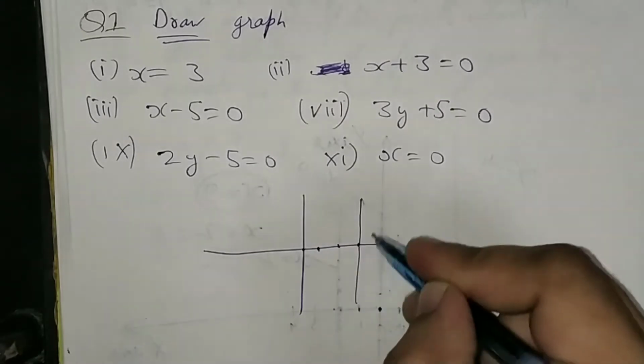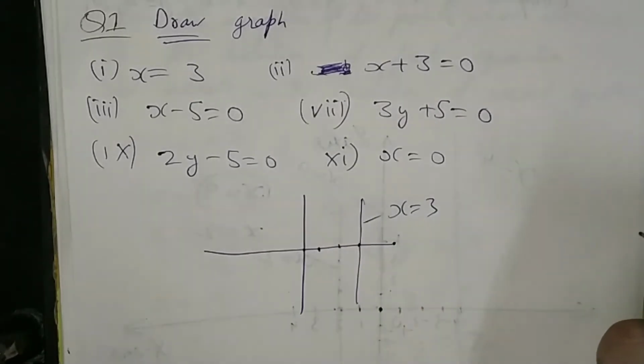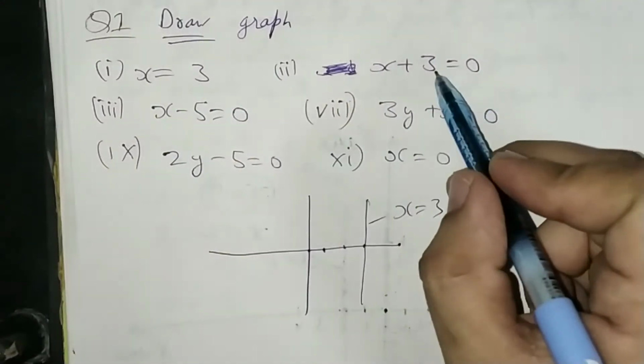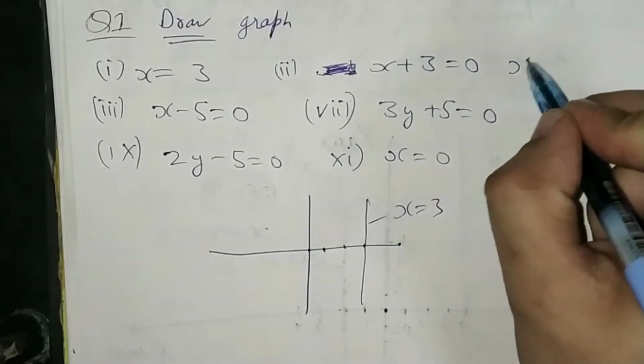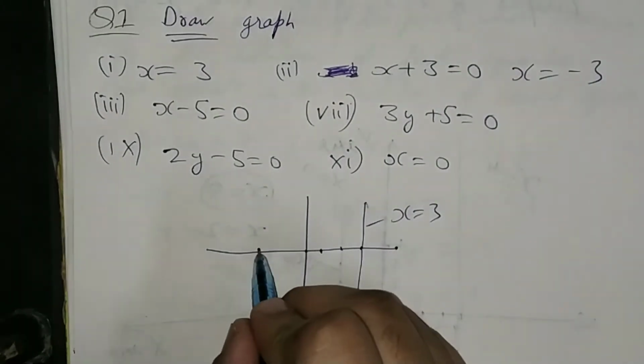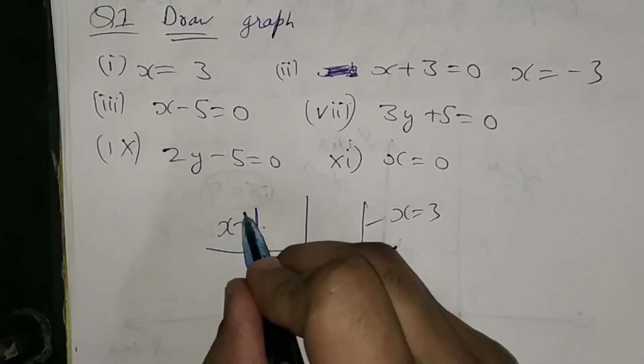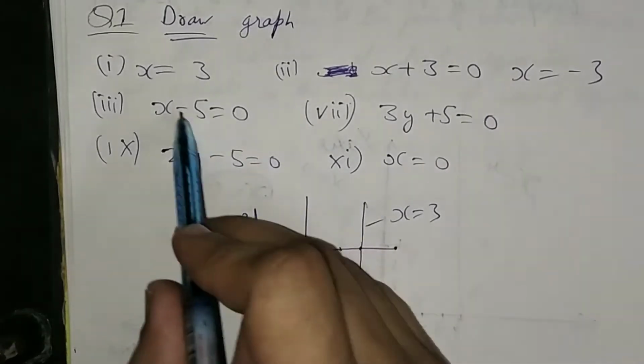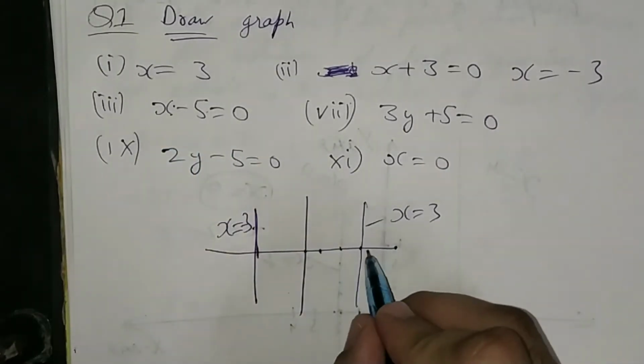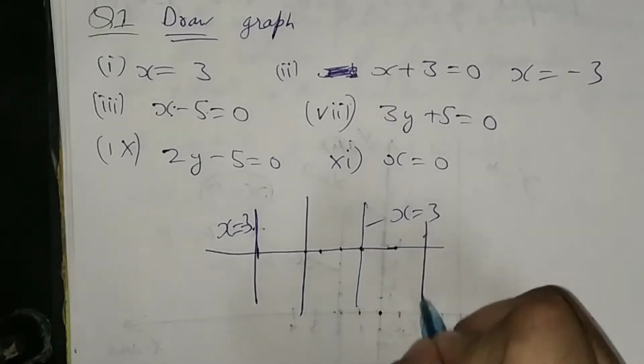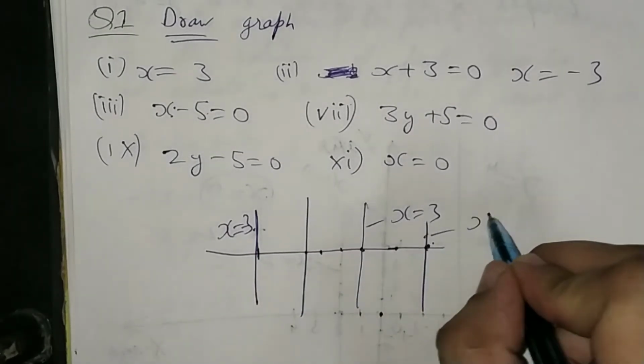So this line will be x equal to 3. On solving this, we will get x equal to minus 3. So somewhere here will be x equal to minus 3. x equal to 5. So 3, 4 and 5. So here will be x equal to 5.